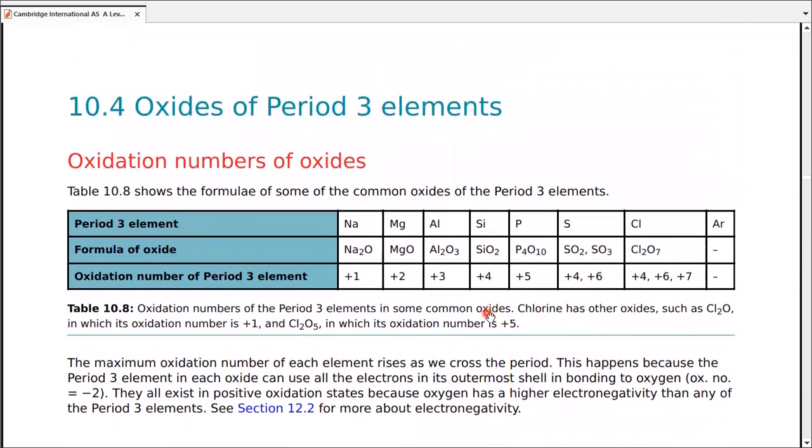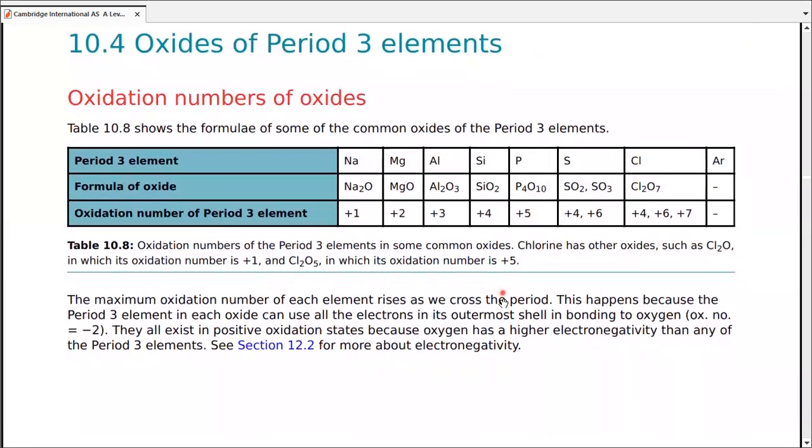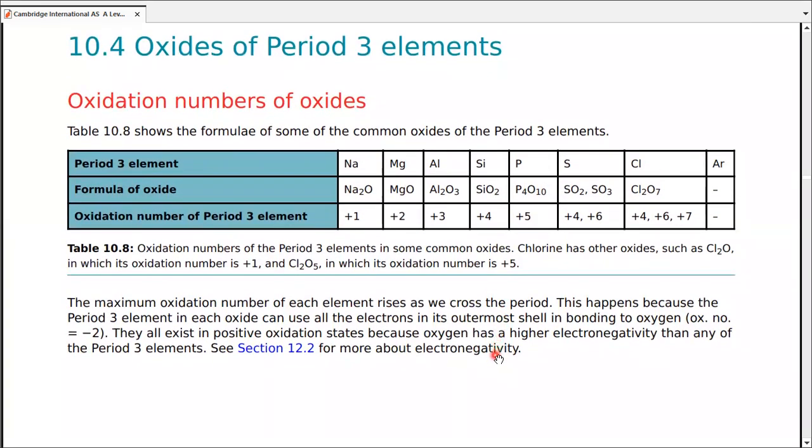Let's talk about their oxides a little bit more. Oxides of period 3 elements and their oxidation numbers. If I talk in terms of oxidation numbers, it's pretty easy to understand that the metals tend to have just one oxidation number. However, nonmetals have the capability to give more oxidation numbers.